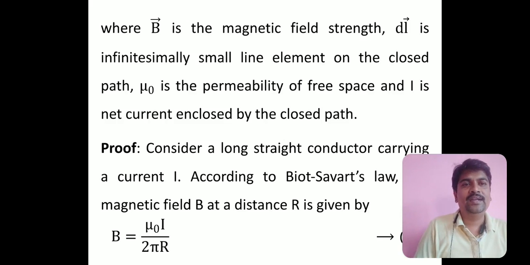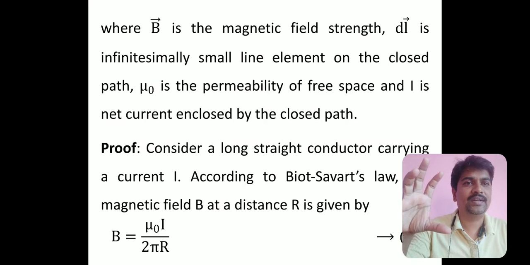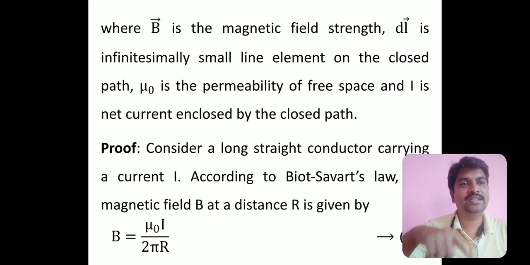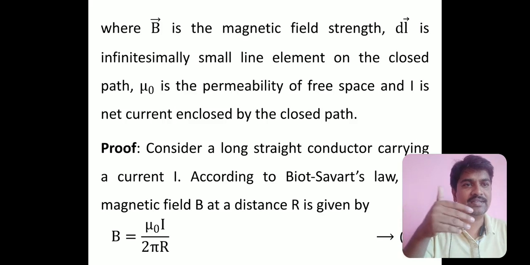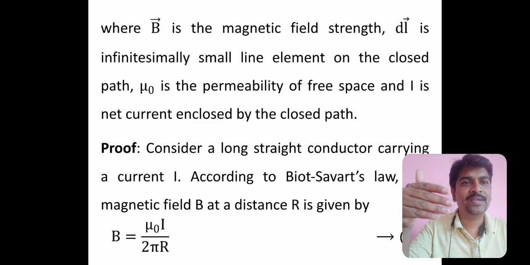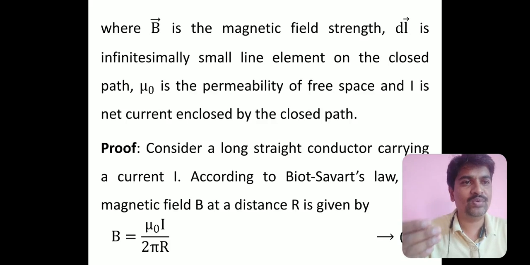For that I am considering a straight conductor which carries a current I. It is a circular conductor, and it is carrying the current I. If I apply Biot-Savart's law, the magnetic field due to a straight conductor at some distance r is equal to mu naught I divided by 2 pi r.